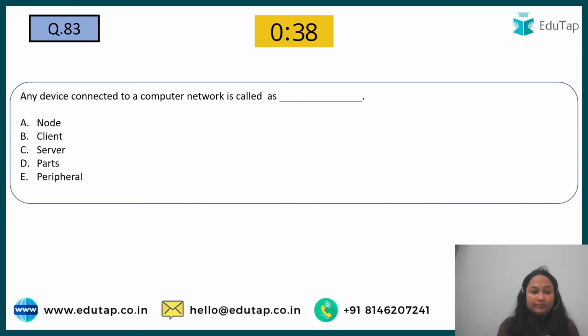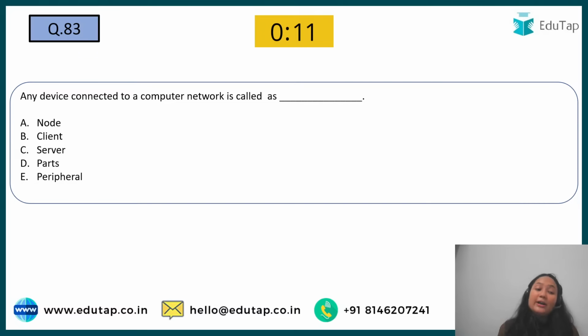Okay. For 83, I am looking toward the answer. Let's say in my home I have a laptop, I have a printer, and I also have a server. I also have a mobile phone. I connect all these to the Jio Extreme Fiber I have. So all these machines will be called what?